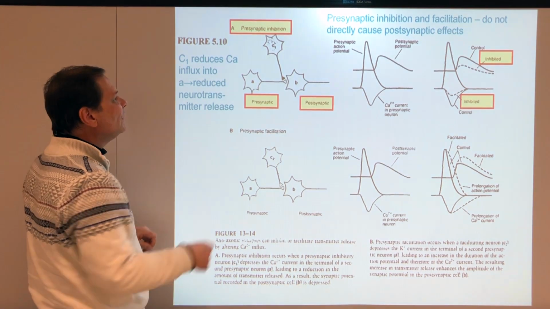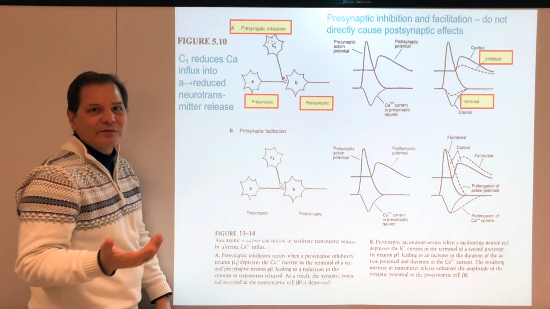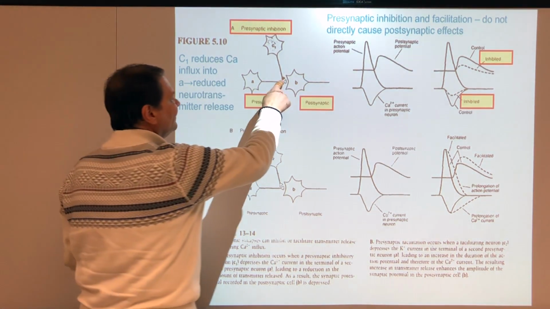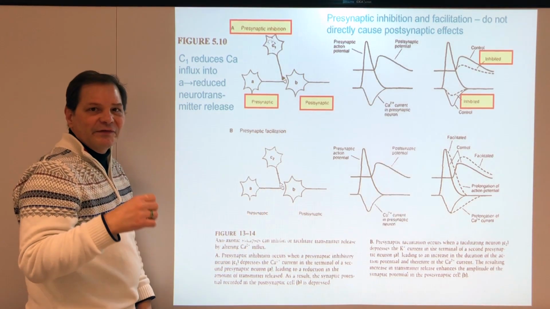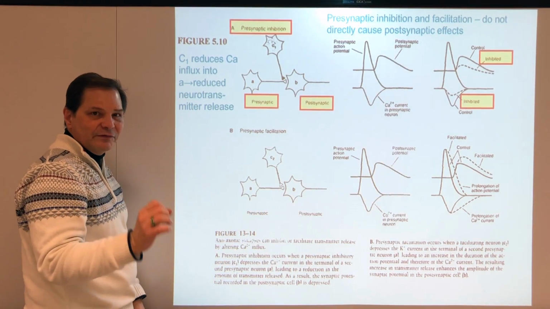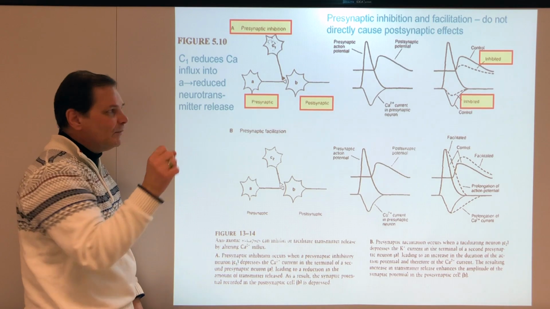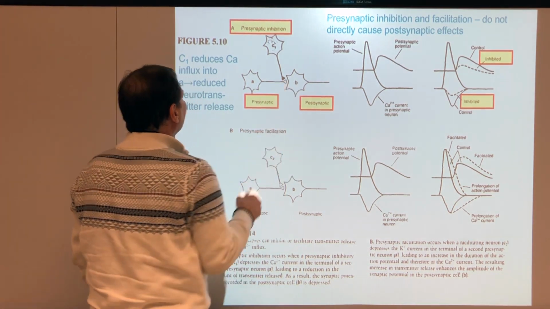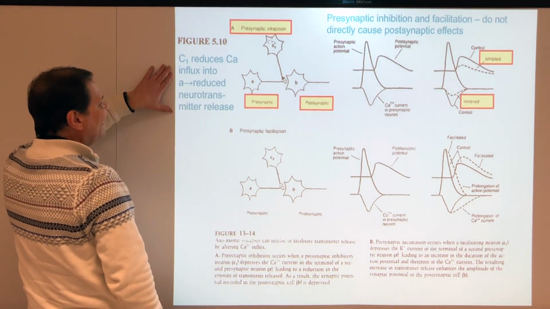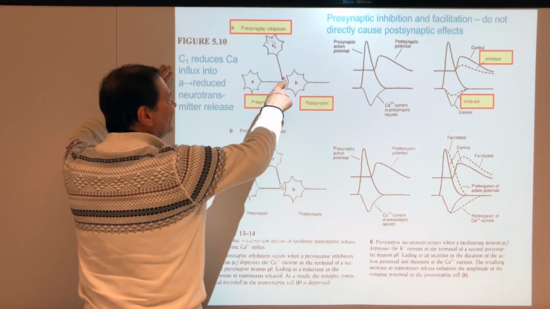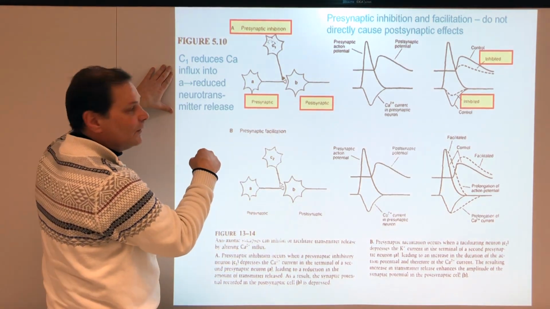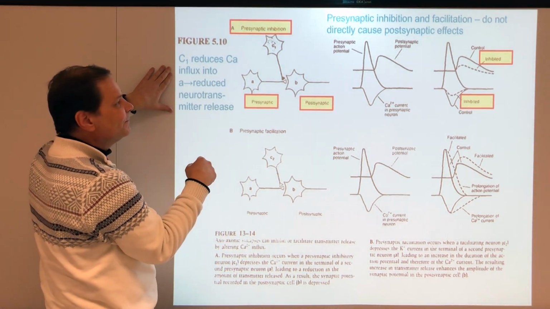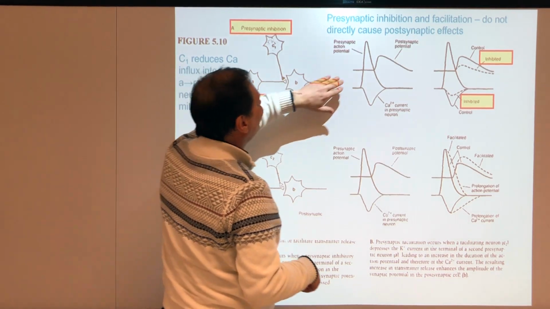So you guys remember the action potential comes down, calcium channels open, the increase in calcium in this nerve terminal causes neurotransmitter vesicles to fuse with the presynaptic membrane, and you get neurotransmitter release. If you reduce the calcium influx, you make the neurotransmitter release less likely, or at least you reduce the release. So you can see that here.